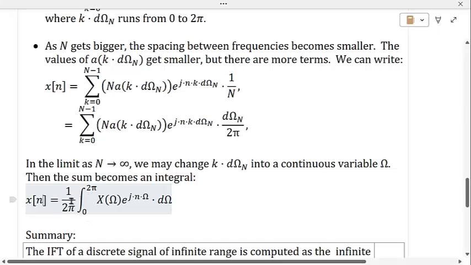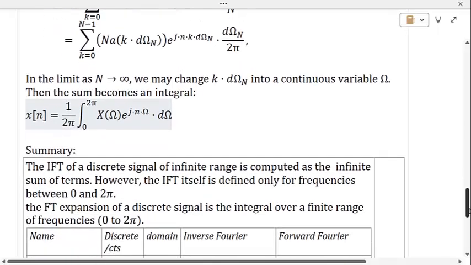If you go back to the formula, you'll find out that this is the Fourier transform expression. Right? So let me summarize the argument. The inverse Fourier transform of a discrete signal of infinite range is computed as the infinite sum of terms. However, the inverse Fourier transform itself is defined only for frequencies between 0 and 2 pi.